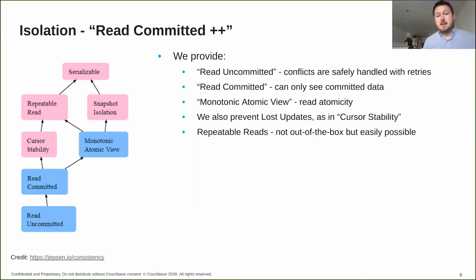If it doesn't, after a certain period, it will roll itself back and it will retry. The reason for that is to prevent live locks and deadlocks. It releases any documents it has locked so that other transactions can have a chance to complete. So we safely handle write-write conflicts, as you'd expect from transactions.